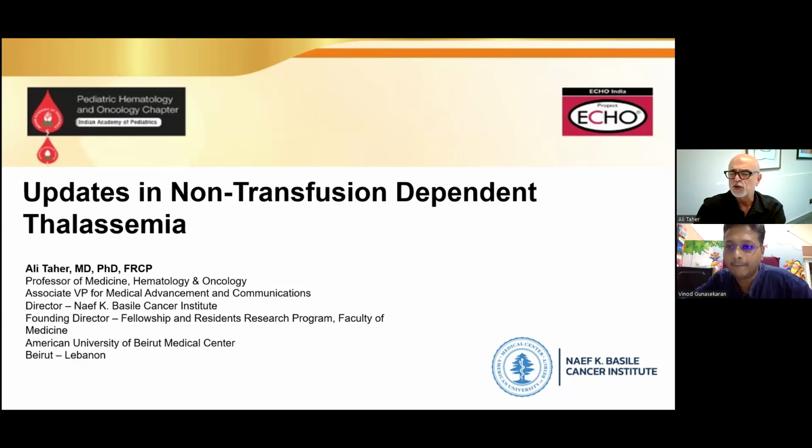If they are adults, we could use luspatercept. It's the only one available now. Soon we'll be talking about mitapivat. Hydroxyurea is another one you could try. But we don't have a large menu for these patients.